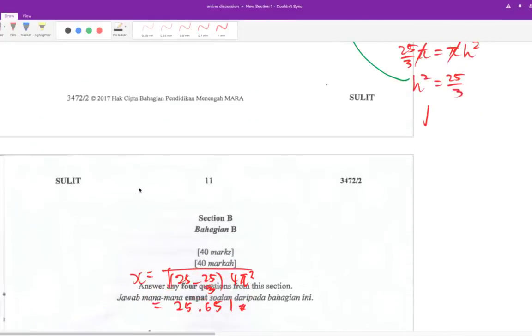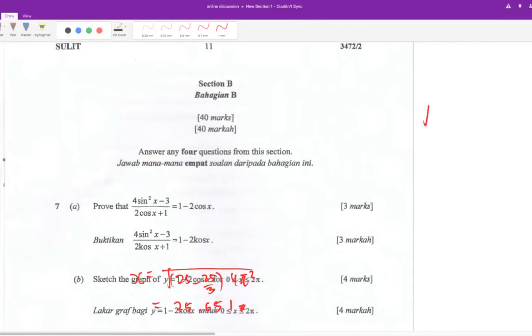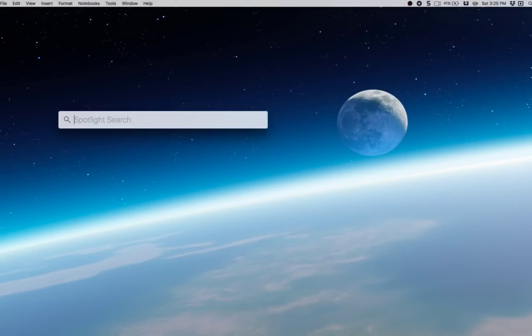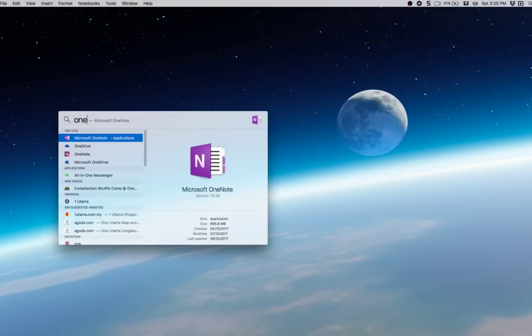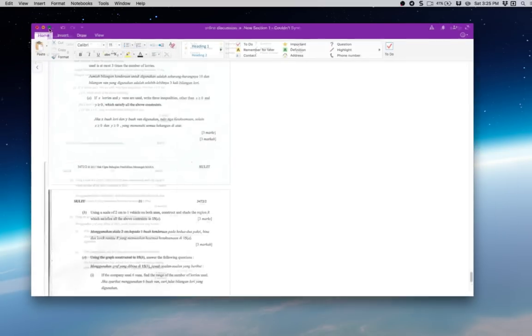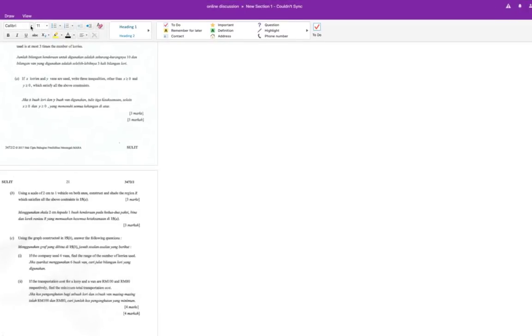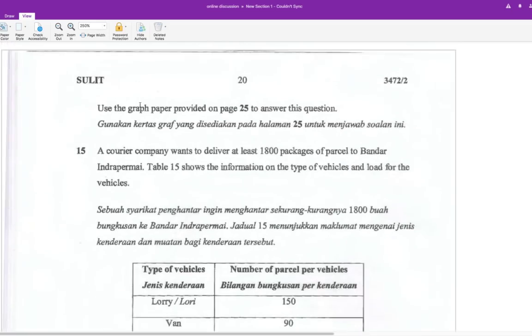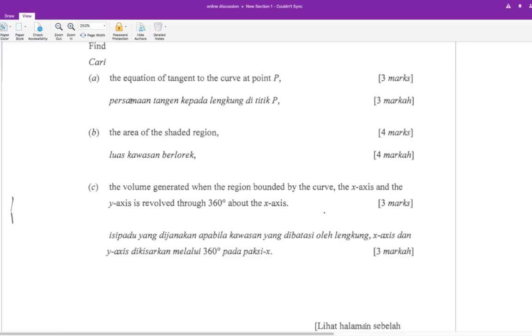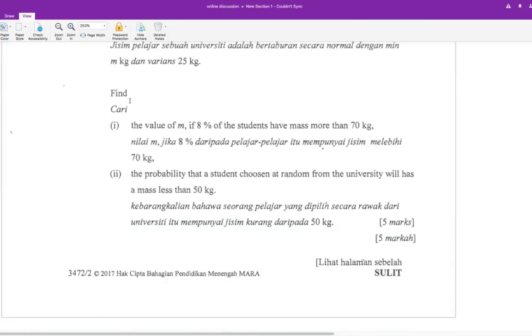And you realize actually OneNote is kind of hanging already, so I will restart my OneNote here. Oops, why so small? Okay, give me a moment. Alright, 15 questions here.